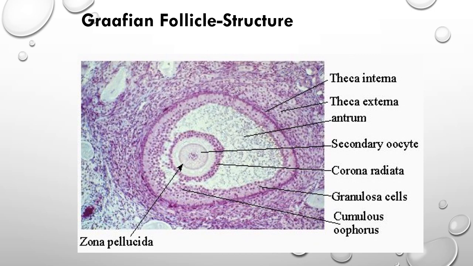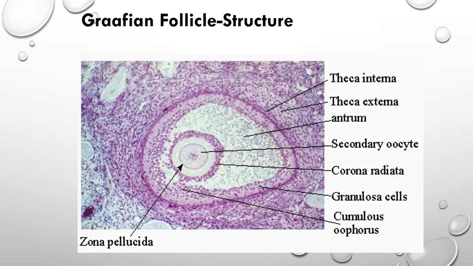So this is the ultrastructure of Graafian follicle. As you can see here, the Graafian follicle is covered by two important coverings, namely outer theca externa and inner theca interna. The cavity inside the Graafian follicle is called antrum, and it is filled with a fluid called liquor folliculi. Inside the Graafian follicle, development of the ovum or the secondary oocyte takes place.